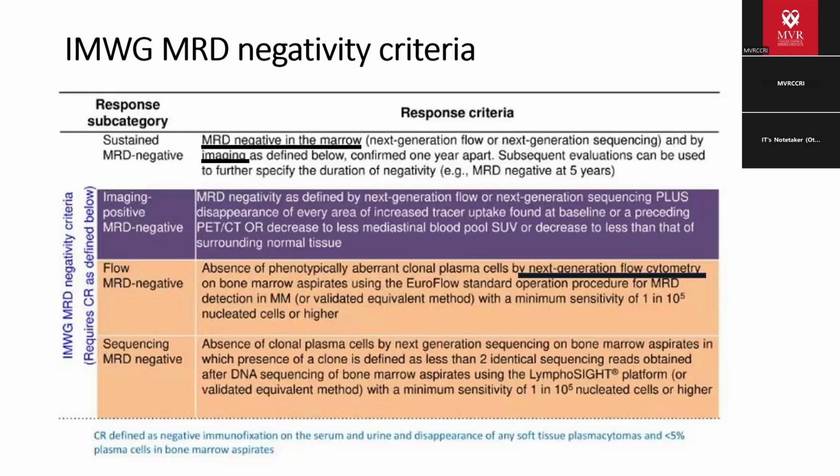We do imaging, but to say a patient is imaging MRD negative, we first need MRD negativity by flow or sequencing, plus the disappearance of lesions on imaging. And any patient is said to be sustained MRD negative when the MRD is negative in the marrow, either by flow or sequencing, as well as by imaging, for a duration of 1 year apart. We call them sustained MRD negative.